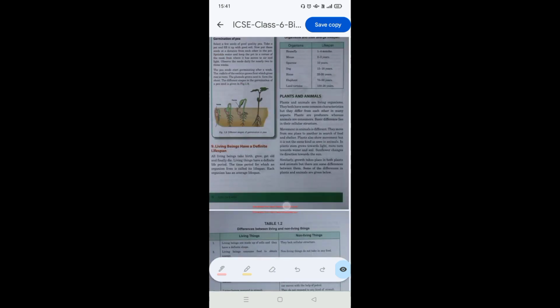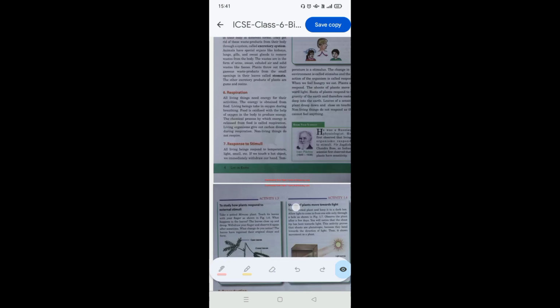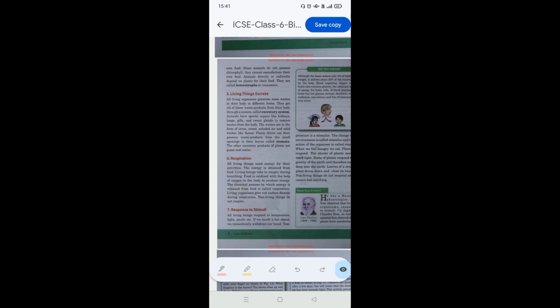The next question is, what is an excretory system? Name some excretory organs found in living organisms. So, over here in the fifth point, all living organisms generate some waste in their body in different forms. They get rid of these waste products from their body through a system called the excretory system.